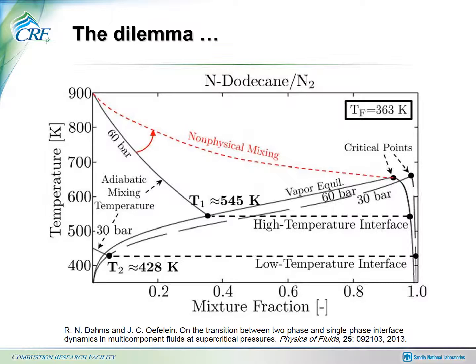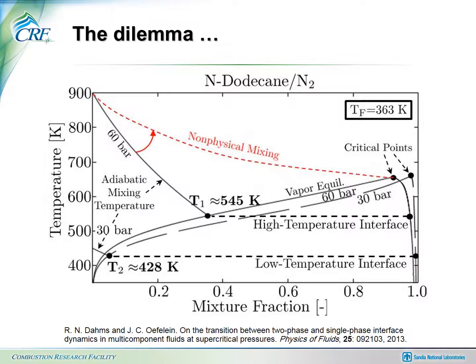Now, also on this plot, I'm showing two mixing lines. If you follow the 60 bar mixing line, which we derive by just assuming adiabatic mixing, you can follow that line down to where it intersects the equilibrium curve at 545 K for the 60 bar case.